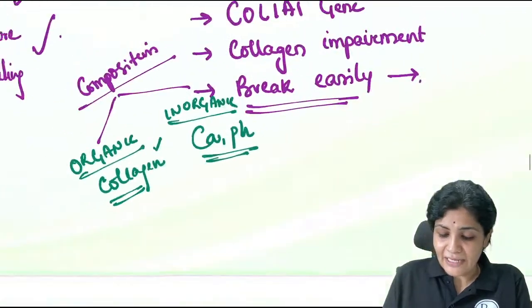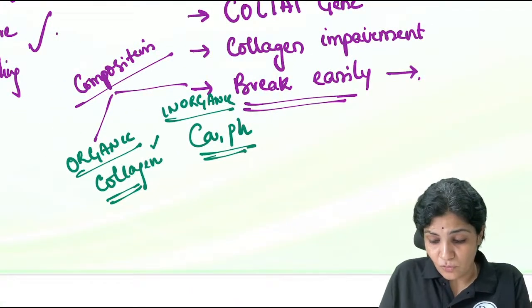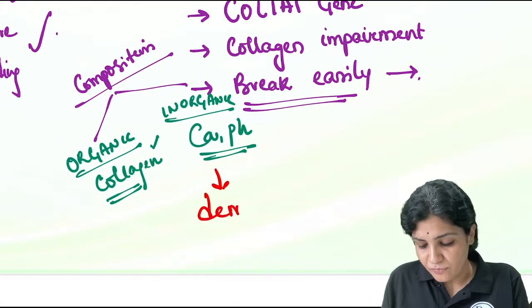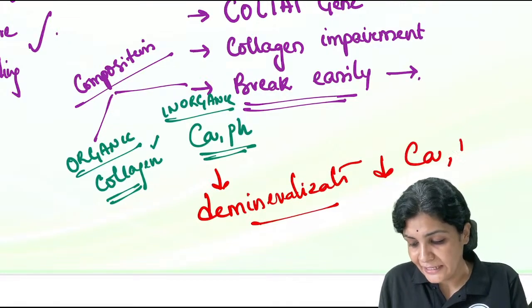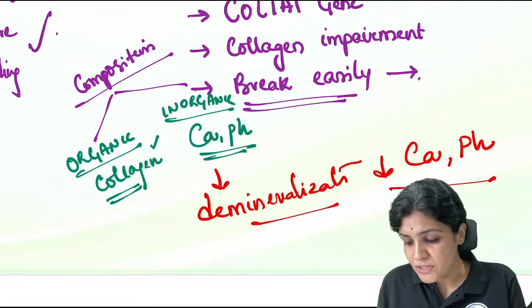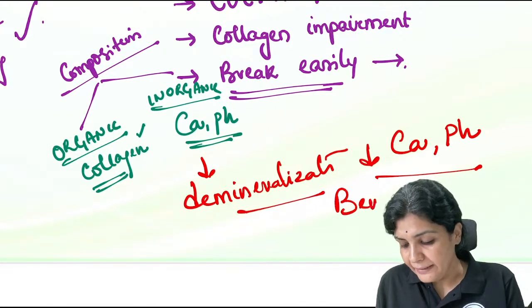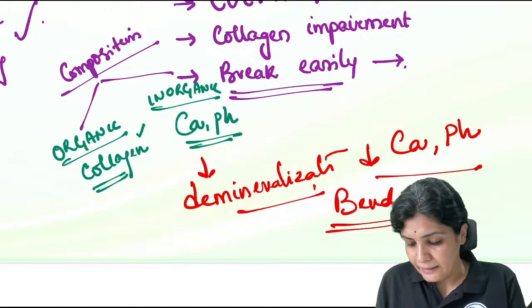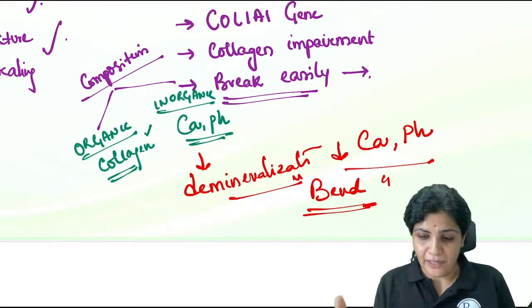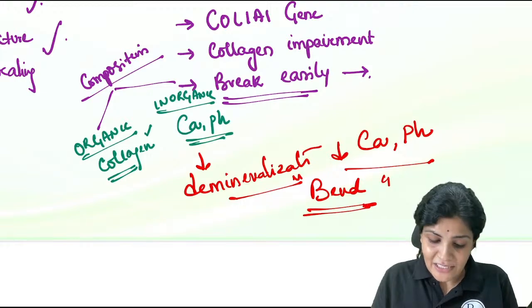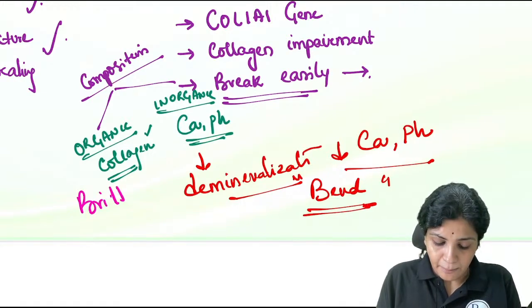Whenever there is demineralization of the bone, that is because of a decrease in calcium and phosphorus and vitamin D, which is the carrier for these two, the bones try to bend, right? So they are easily deformed. But whenever there is a collagen deficiency, they become brittle.